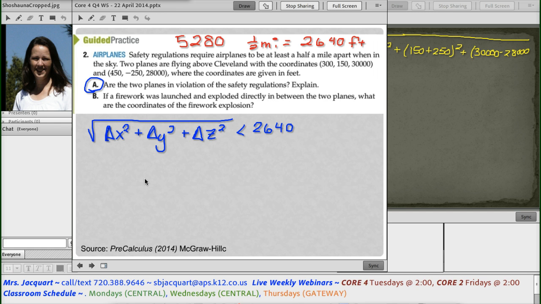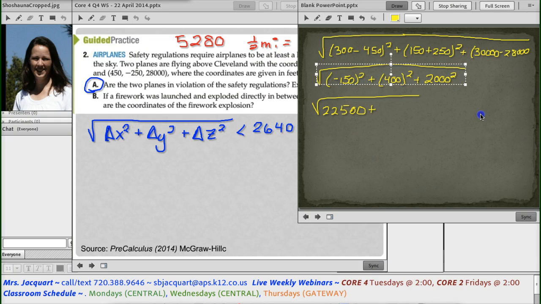Okay, so then this becomes negative 150 squared plus 400 squared plus 2,000 squared, which then breaks down to 22,500 plus 160,000 plus 4 and 6 zeros.